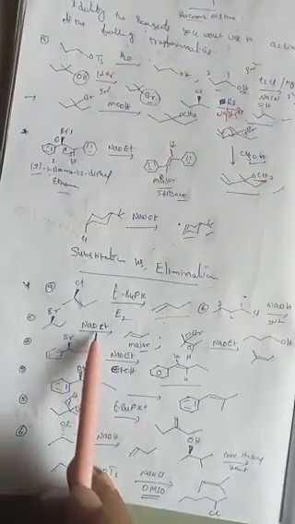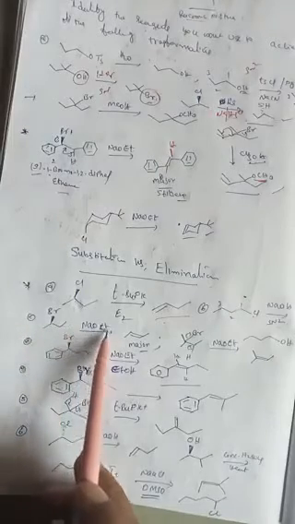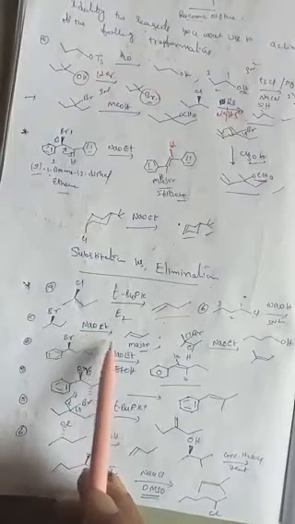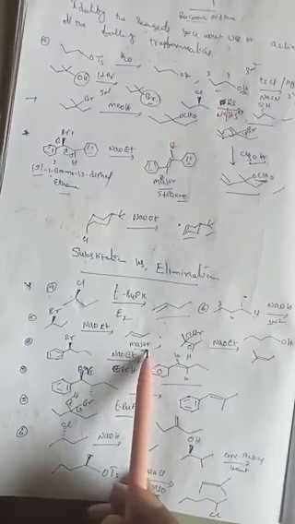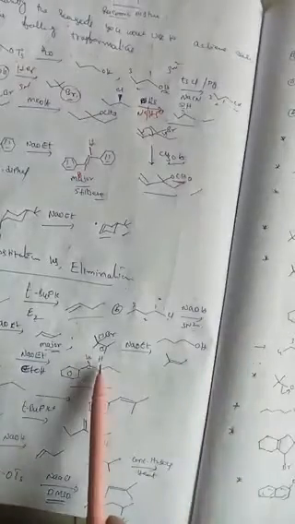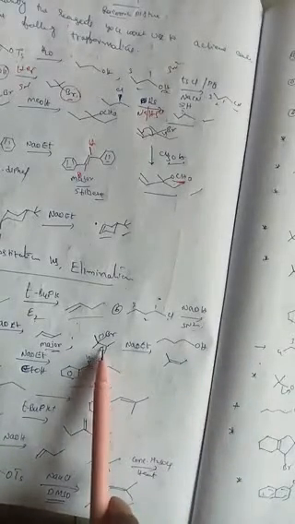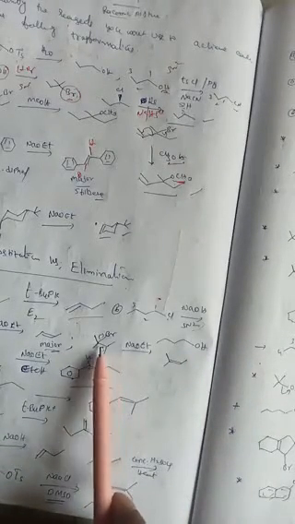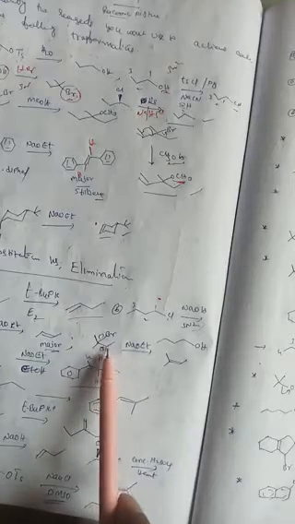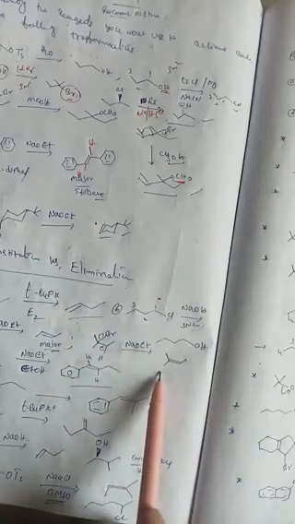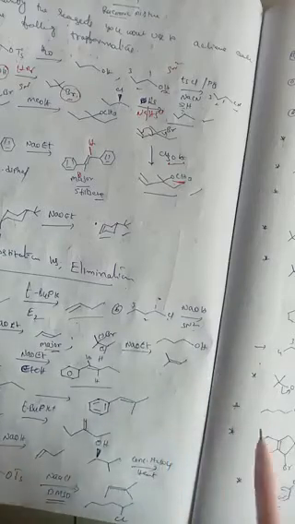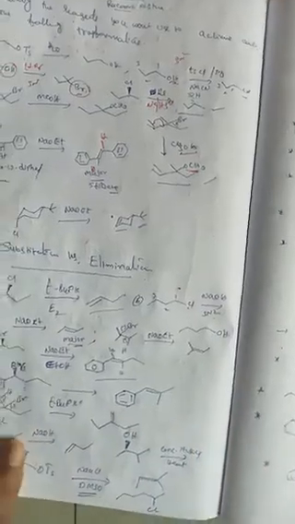And similarly, 2-bromobutane reacts with sodium ethoxide, and the major product is the more stable product, so 2-butene is the major product. And similarly, 2-bromo-2-methylbutane reacts with sodium ethoxide, and the more substituted, stable product is the major product.